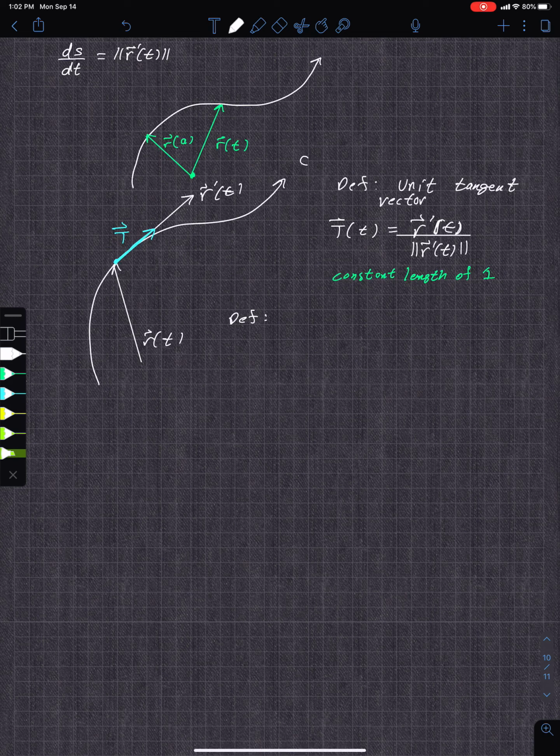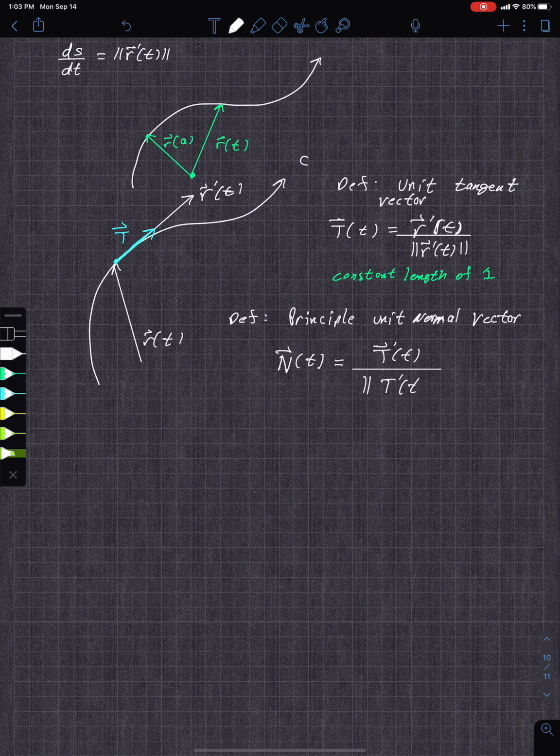What we define next is called the unit normal vector, or principal unit normal vector, N. You take T, whatever T is, and do the same thing: you take its derivative and then divide by the magnitude.